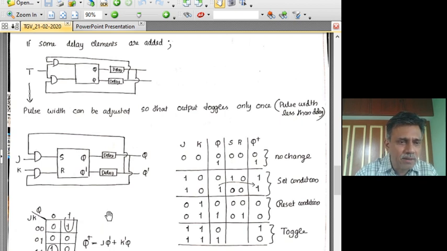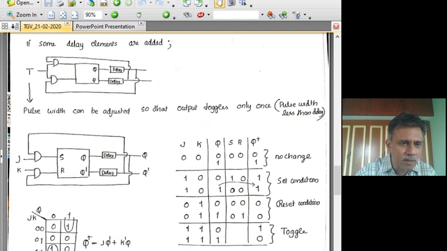How do we simplify it? Easy. These two ones can be covered with a single group, and these two ones can be clubbed into a single group. If we club these two things, you will have 3 terms, which is not necessary. So for this term, if you read it out here, K changes, so it will not be present.